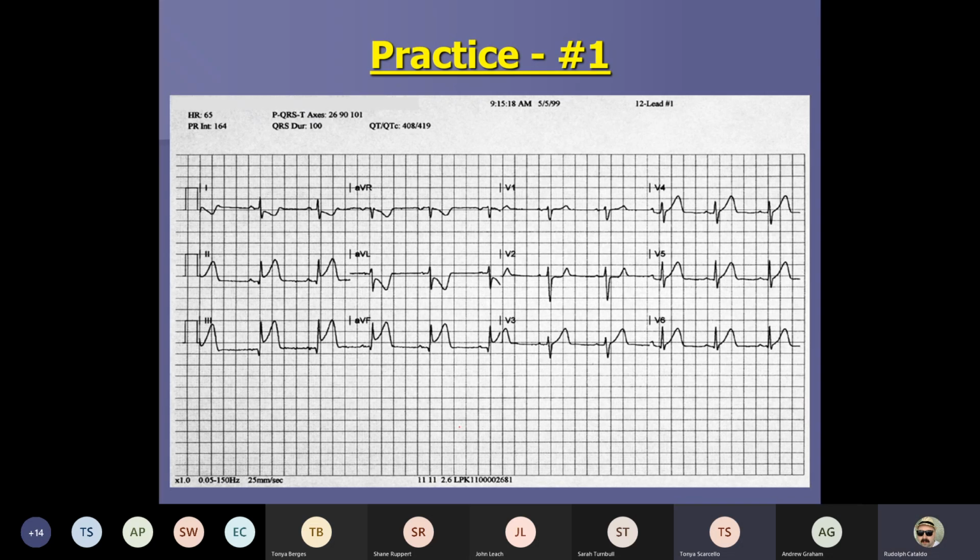Okay. Now looking at this 12 lead overall, I want you to tell me where you see depression.